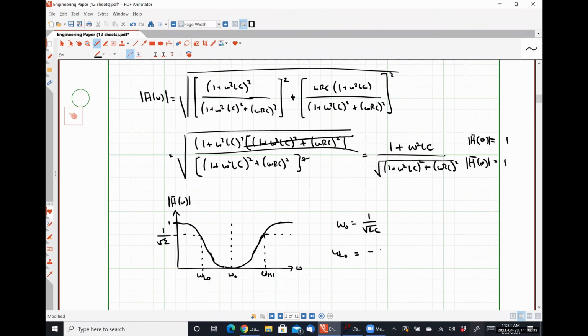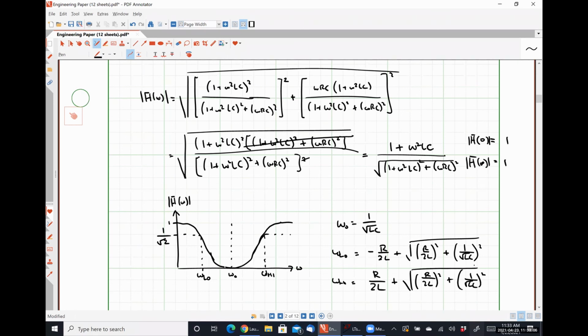Omega low is negative R over 2L plus the square root of R over 2L squared plus 1 over the square root of LC squared. And omega high is equal to positive R over 2L plus the square root of R over 2L squared plus 1 over the square root of LC quantity squared.